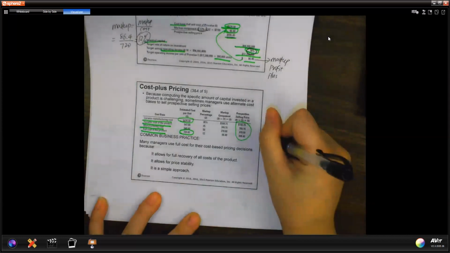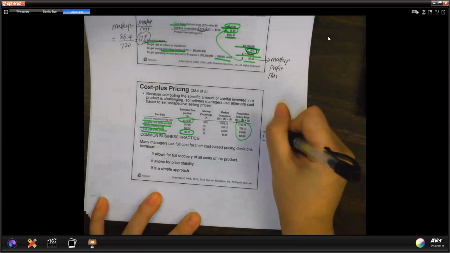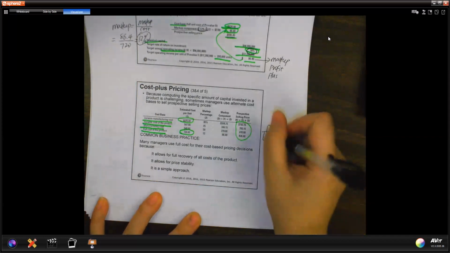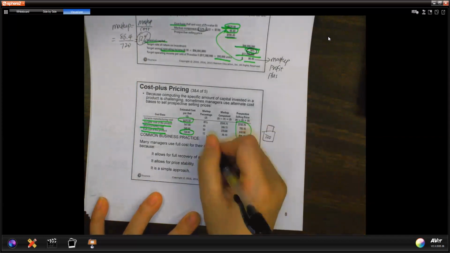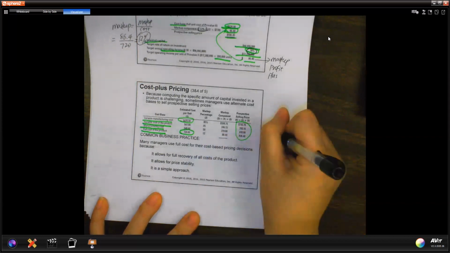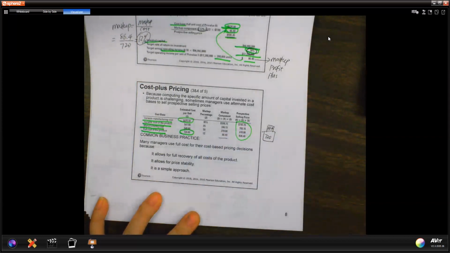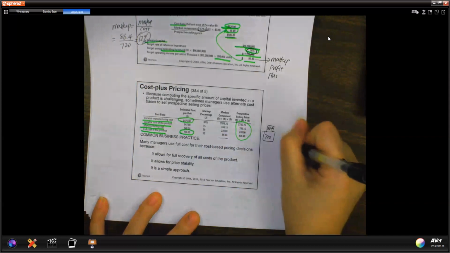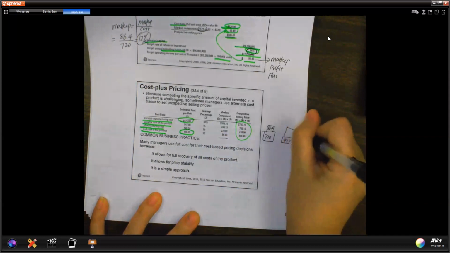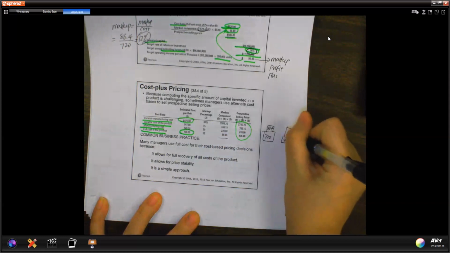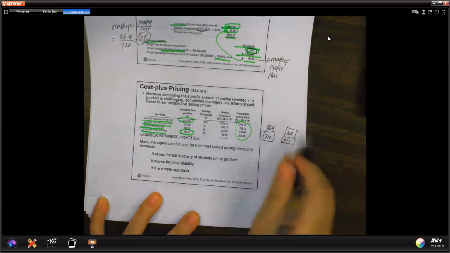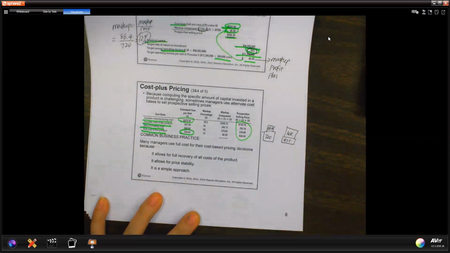So if you have a big base, then your markup just needs to be small. So if your base is 720, your markup just needs to be 86.4. But if your base is small, if your base is only 475, then your markup has to be big to reach the similar total of $800.